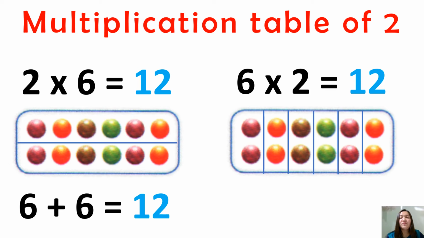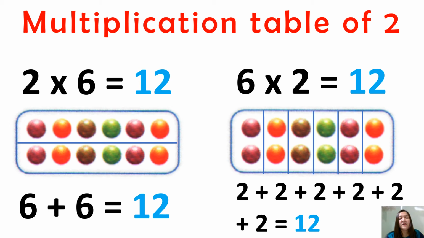So how many groups of 2 do we have? 6. And how do we write this in addition form? 2 plus 2 plus 2 plus 2 plus 2 plus 2 is equal to 12.